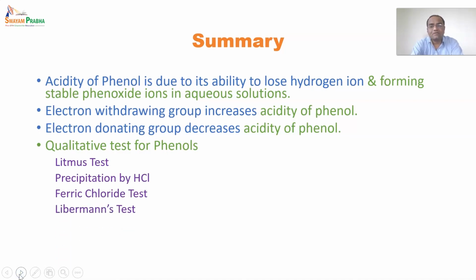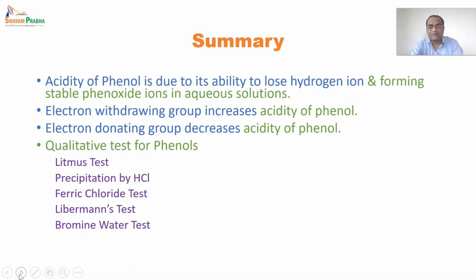After that we saw Liebermann's test. In Liebermann's test, phenol is treated with sodium nitrite and sulfuric acid, which forms a yellow colored compound, and when it is treated with sulfuric acid and NaOH, it forms at last the salt of indophenol, which is blue in color.